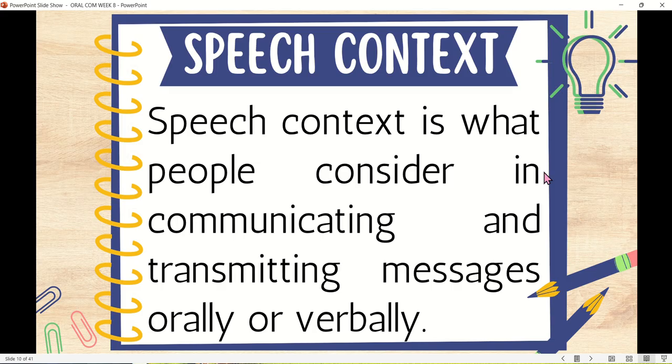Speech context basically should be the main consideration in having a successful oral communication, depending on the size or the kind of people to whom we are communicating with. So that is the speech context.